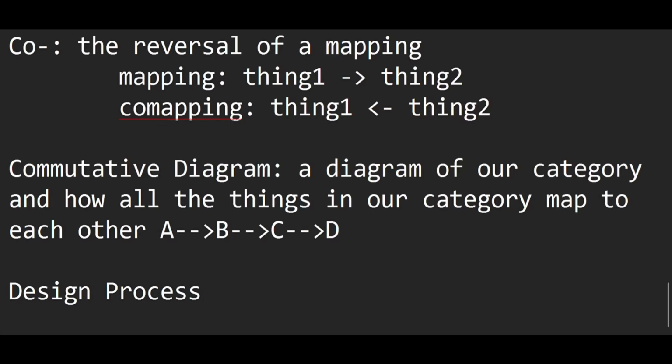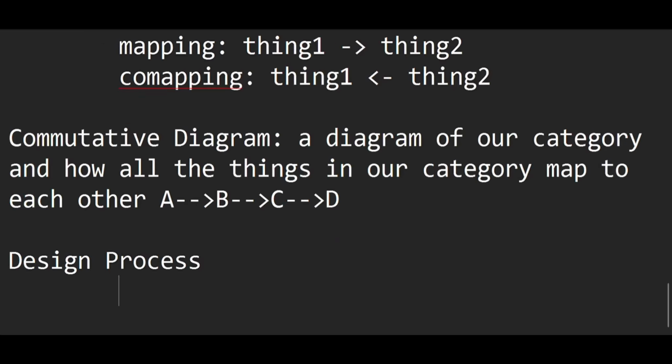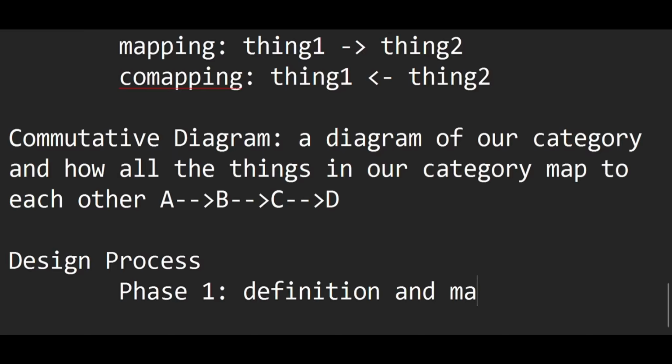When it comes to the design process, we have three distinct phases. We have phase 1, which is our definition and mapping phase, and it's just like how you think it is. In phase 1, we just go about setting our premises. We go about making our definitions, making our mappings, and constructing our diagram that way.